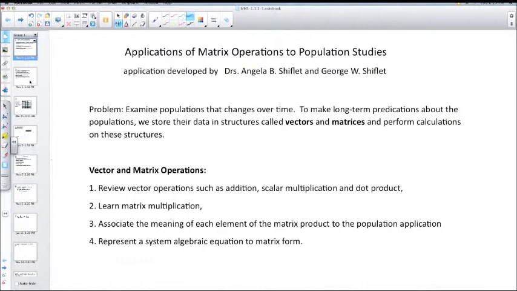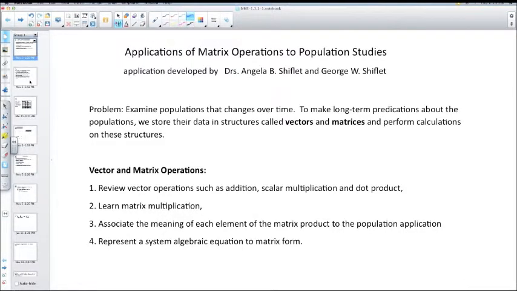Let's start from our first lesson of the first module, which is the application of matrix operation to population studies. This content was originally developed by Drs. Angela Shiflett and George Shiflett.